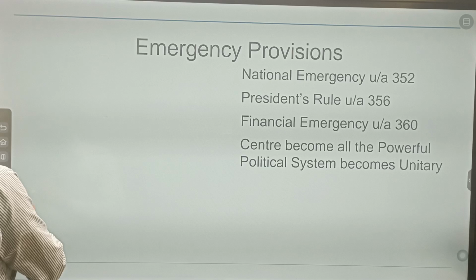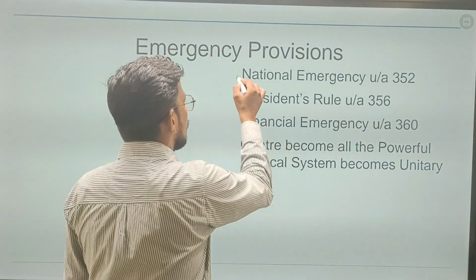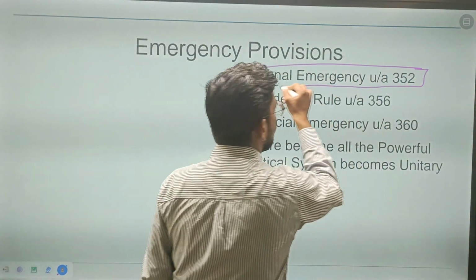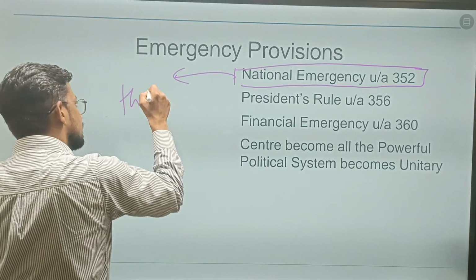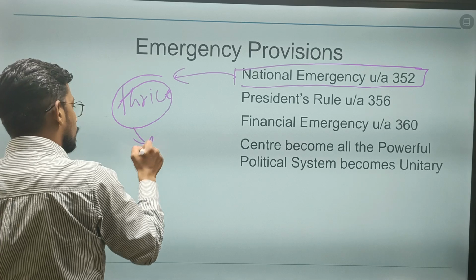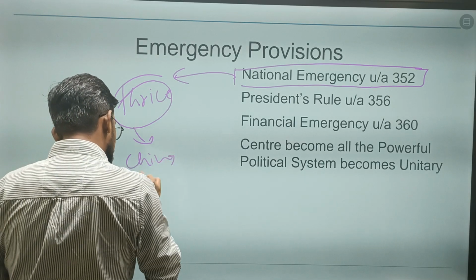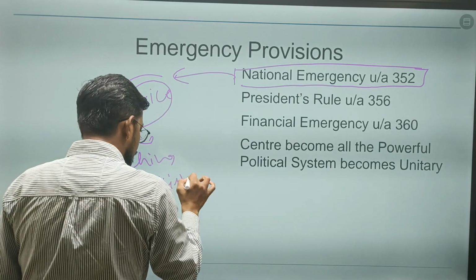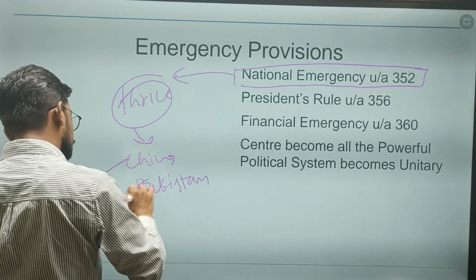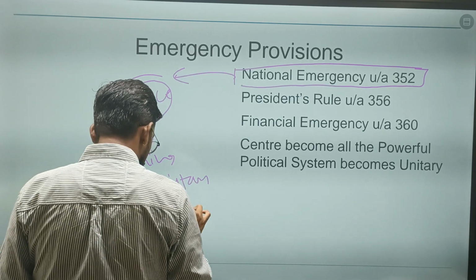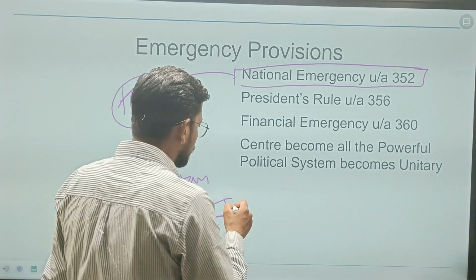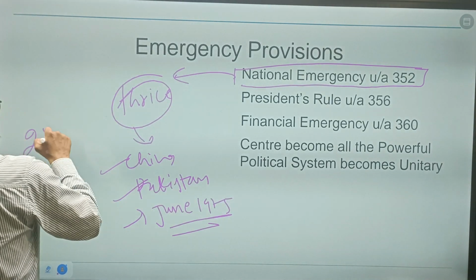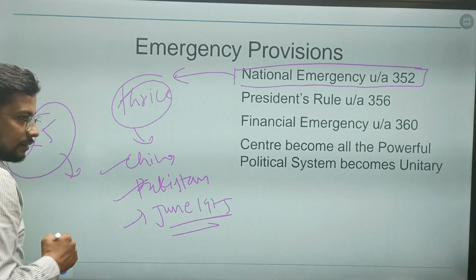Then emergency provisions. We have some emergency provisions. National emergency can be imposed under Article 352. Remember this. This emergency has been imposed thrice: once during the China war, another during the Pakistan war, and third, you all know, in June 1975. Because of that, we observe 25th June as Samvidhan Hatya Divas.